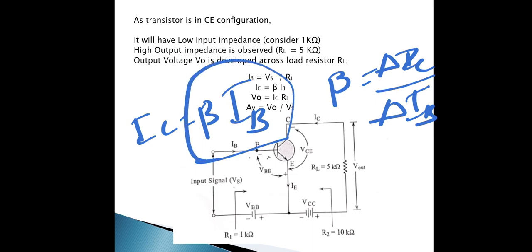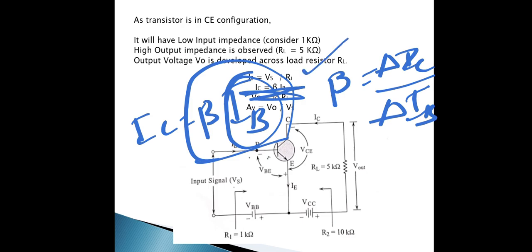As it is a CE configuration, as I already said, it will have a high beta value. So consider beta as 100. So if you consider beta as 100, IC is equal to 100 into 20 microamperes. Already we got IB as 20 microamperes.